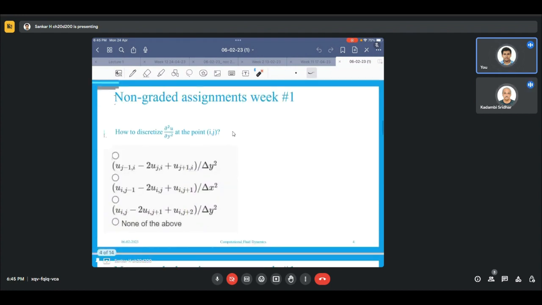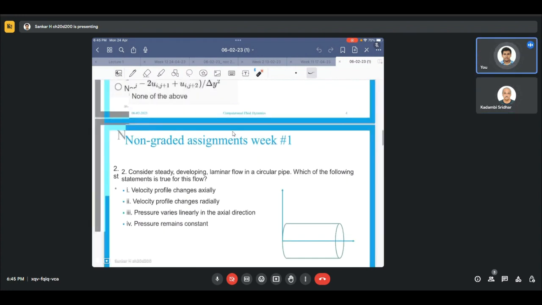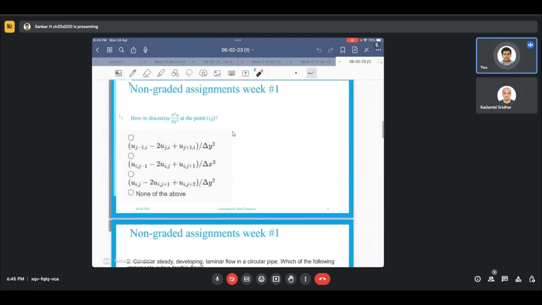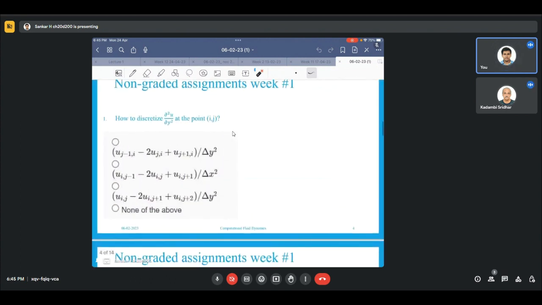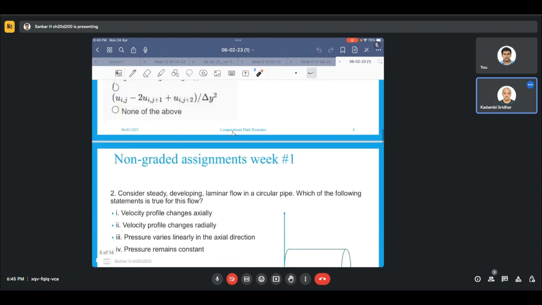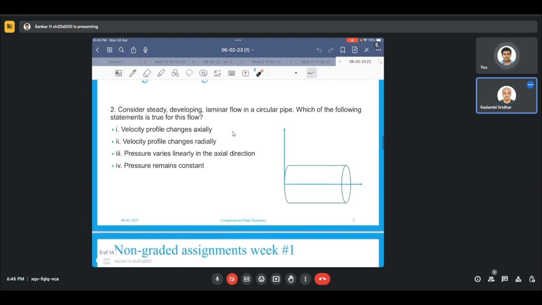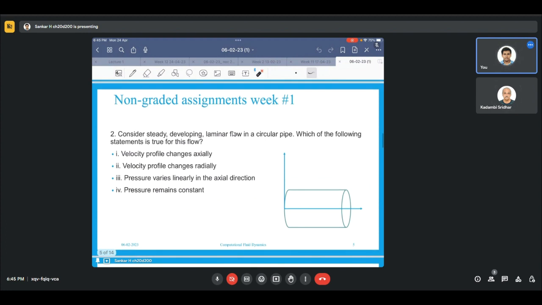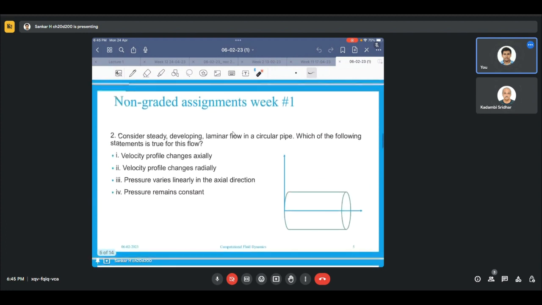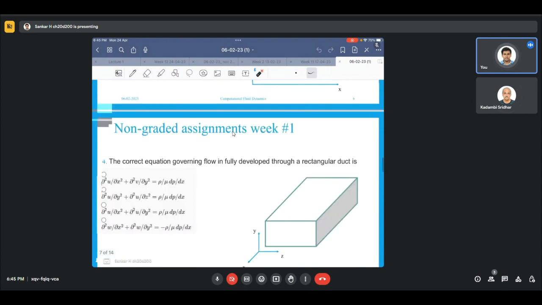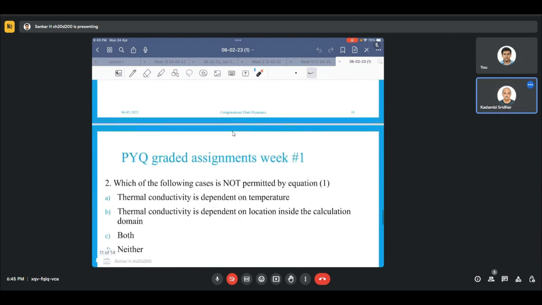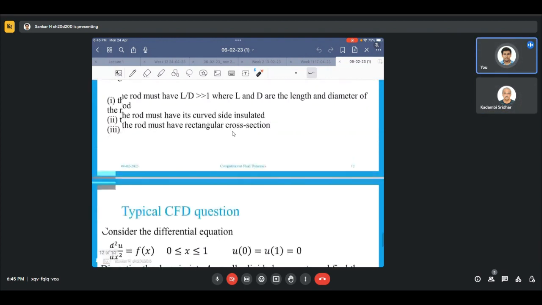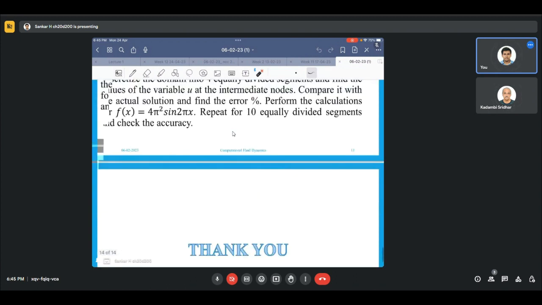Week 9 just dealt with the solution methods of the discretized equation. We have discussed how the Gauss elimination, the LU decomposition, the Gauss-Seidel and TDMA, and all the other techniques find the solution of the discretized equation.